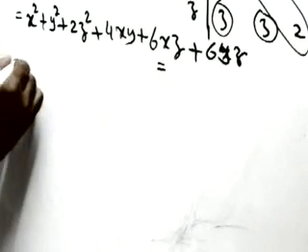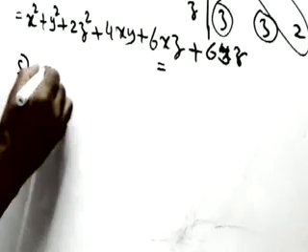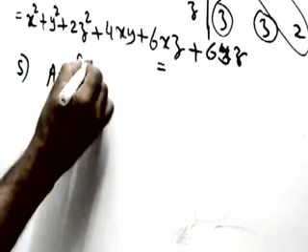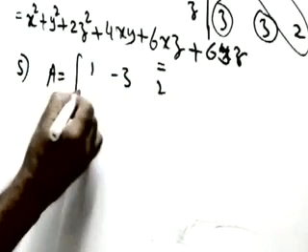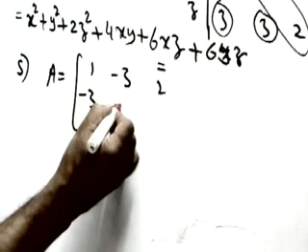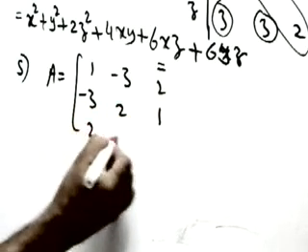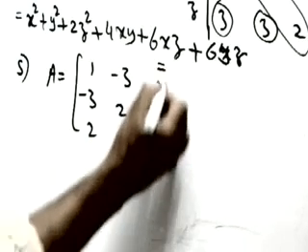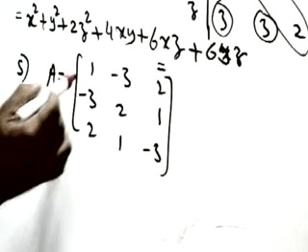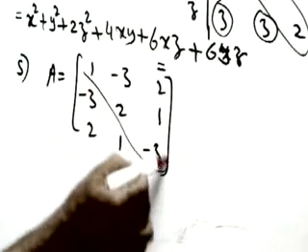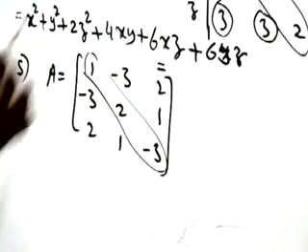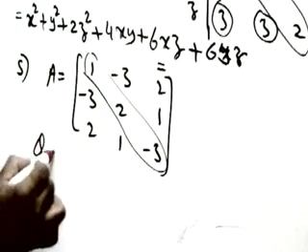Okay, let me see one more example. Suppose we have the matrix A equal to 1, -3, 2; -3, 2, 1; 2, 1, -3. Now what will we write? You practice this one. These will be the x, y, z squares.